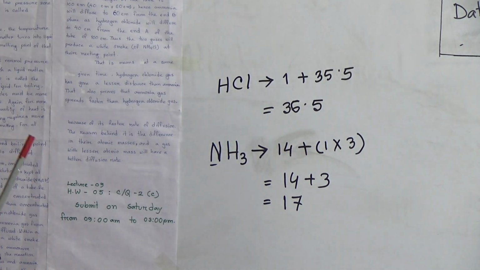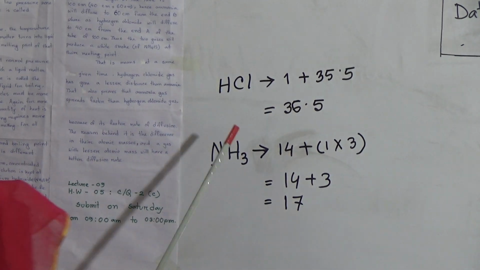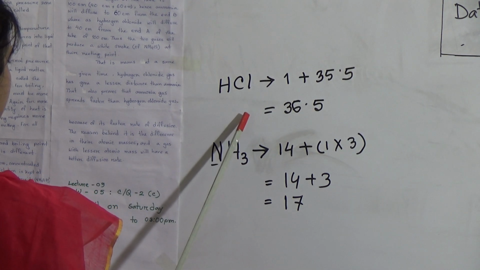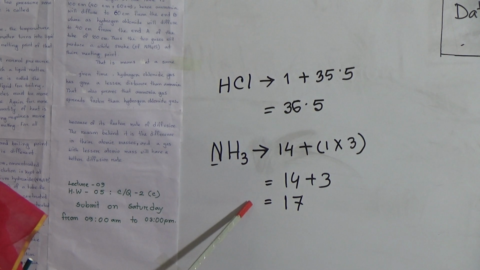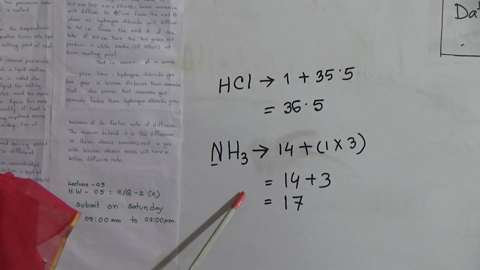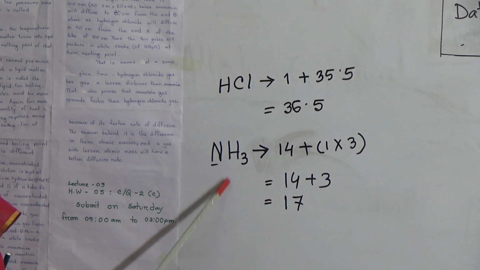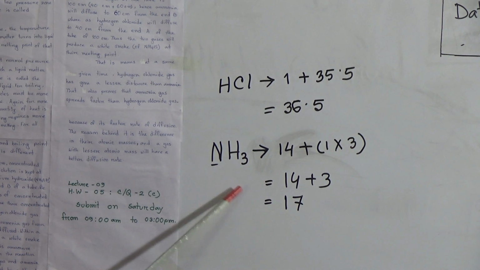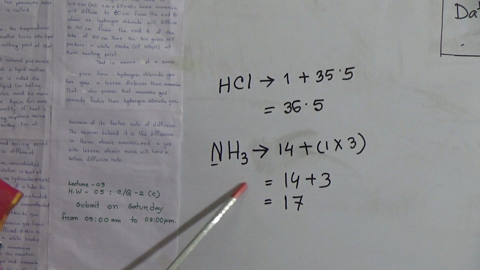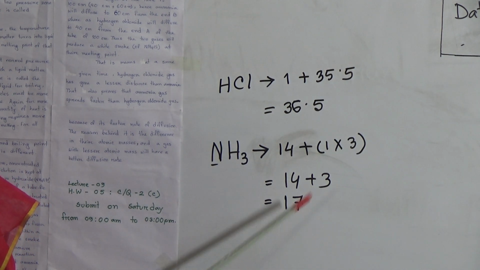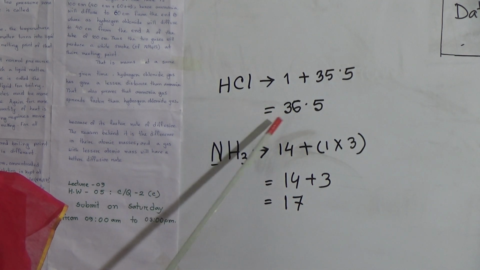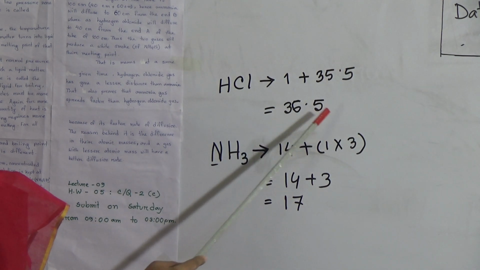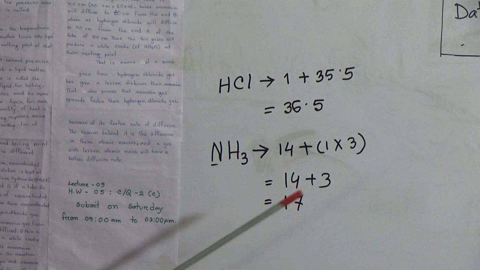And as per the definition, the gas which has less atomic mass has a better diffusion rate. That's why ammonia can pass 60 centimeter easily. At the same time, hydrogen chloride gas passed only 40 centimeter because it is heavier than ammonia.